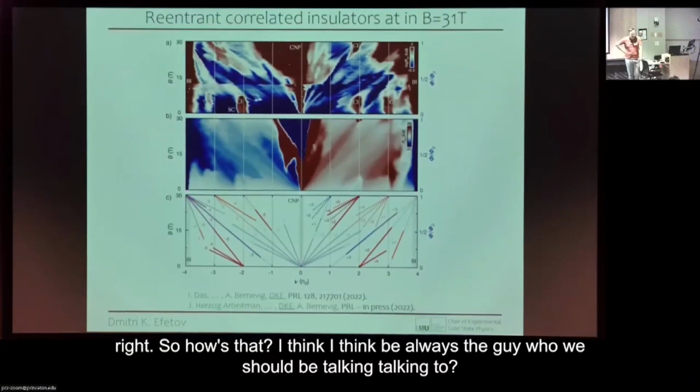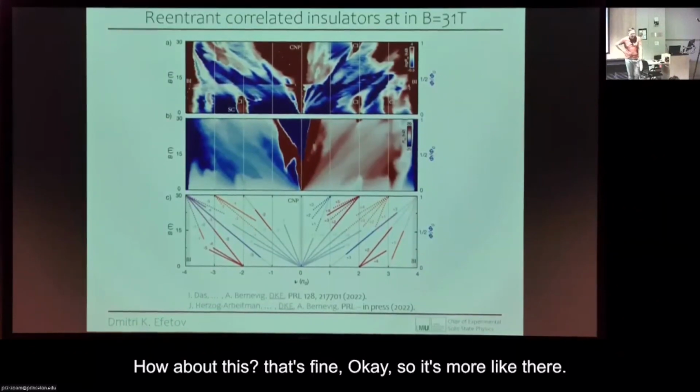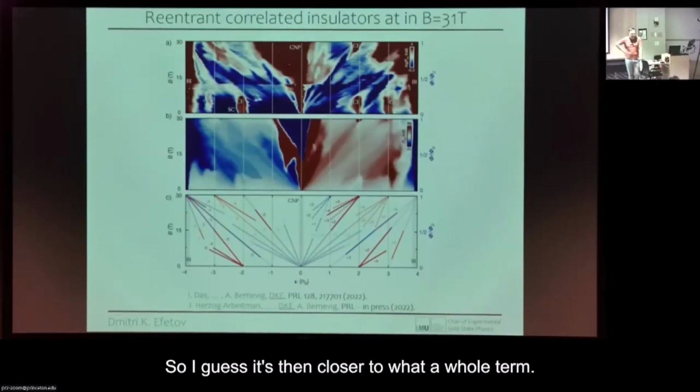That's my very vague argument. So for Chern bands, the topology gives you some more delocalized orbitals, so it prefers the paramagnetic state. Okay, yeah. I guess it's then closer to the quantum Hall ferromagnet then.